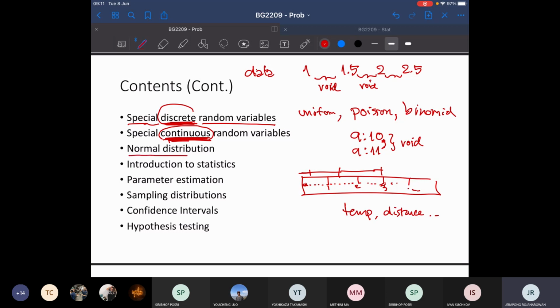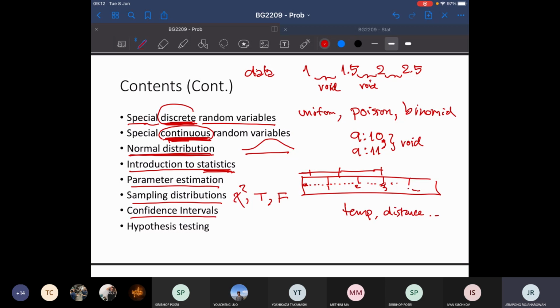And we are going to study the most important distribution in this course, which is the normal distribution, which is going to look like this. And now it's time to study statistics, which includes parameter estimation and sampling distribution. Sampling distribution covers the chi-square distribution, t distribution, F distribution, and so forth.